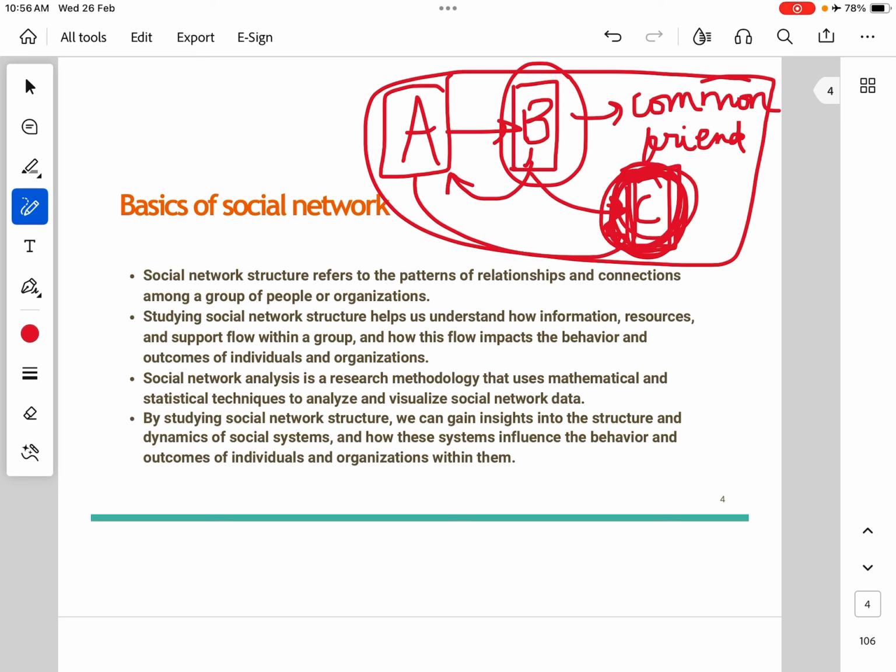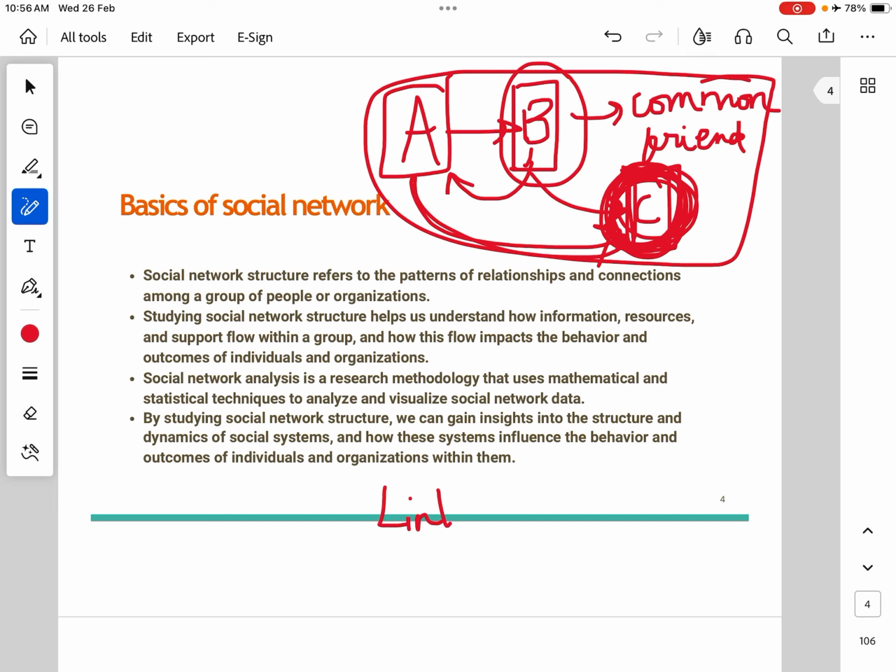A may send a friend request to C. This way, information and resources are shared by B with A, which makes A understand how C is. So a social network helps in understanding and forming a bigger group, a bigger network.